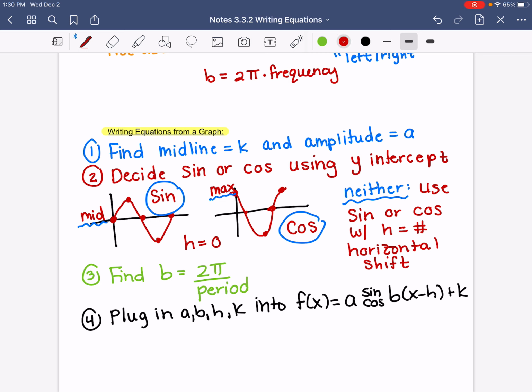The last thing I need to talk about before we do our last 2 examples is if you had a negative a value. A negative sine curve will still start at the midline, but instead of going up first, it's going to go down first. A negative cosine curve, instead of going max to max, goes minimum to minimum.